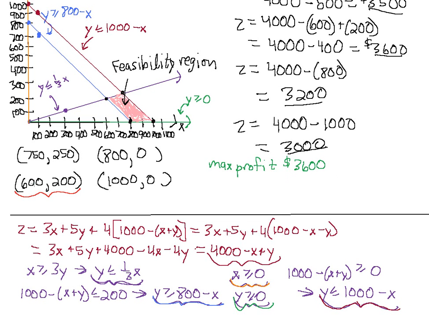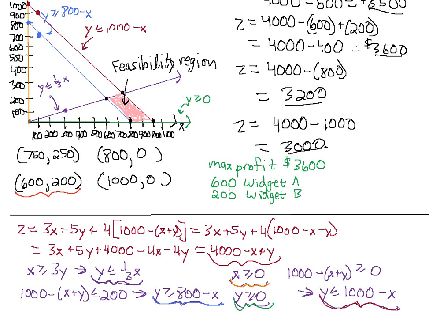So we're going to have x equal to 600. X we defined as the number of widget A produced. So we're going to produce 600 of widget A. We're going to produce y is 200. Y we defined as widget B, so we're going to produce 200 of widget B. And if you recall, we defined widget C as 1,000 minus x plus y.